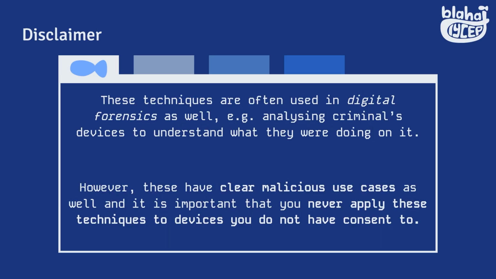So this is why this specific section requires a disclaimer. A lot of the things we're going to cover from here on out are used in legitimate contexts for digital forensics. Let's say the police or an investigative agency needs to check what has happened to a device, they will perform what's called digital forensics. This is very important for things like incident response.